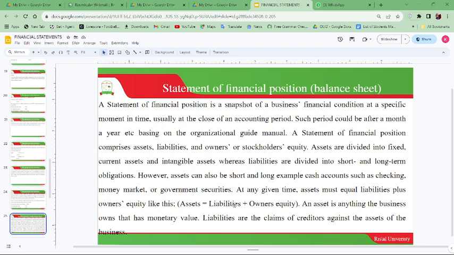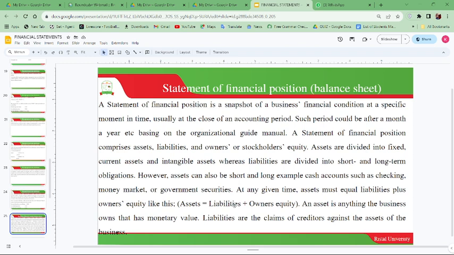However, assets can also be short and long. Example, cash accounts such as checkings, money market, or government securities. At any given time, assets must equal liabilities plus owners' equity.